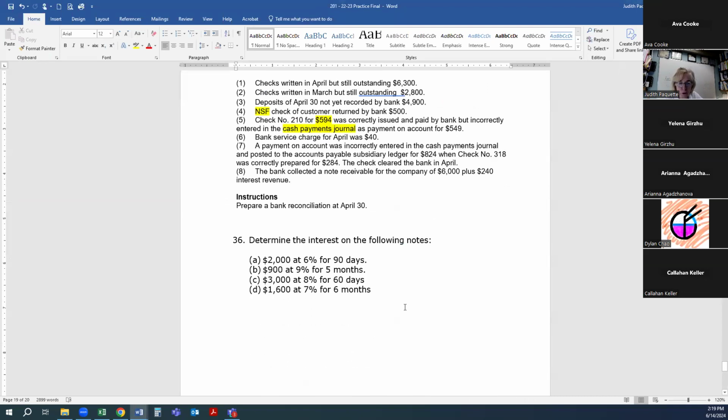You can use either, Yelena. In the old days, pre-calculator days, it was acceptable to divide by 360 because it was easier. That habit has stayed with textbooks. I wish they dropped it. We all have really good calculators now. But you can do 360 or 365 and they're both acceptable for homework problems.